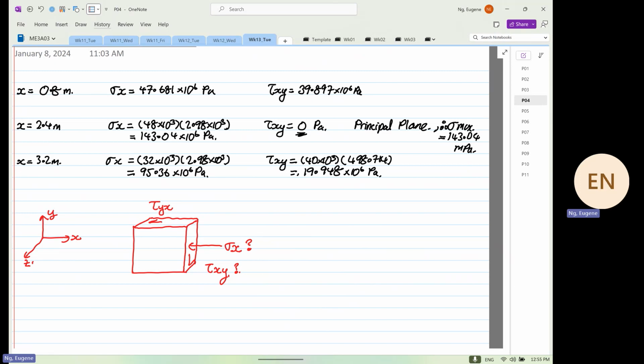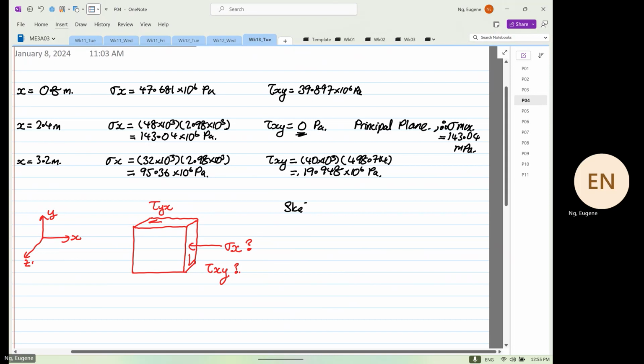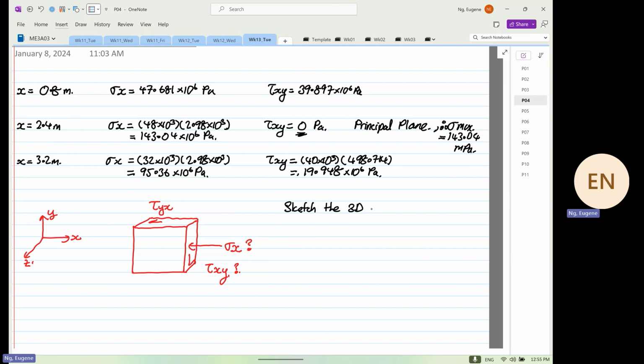So if now we were to sketch 3D Mohr circle, the purpose of sketching the 3D Mohr circle is to determine the plane where tau max occur.